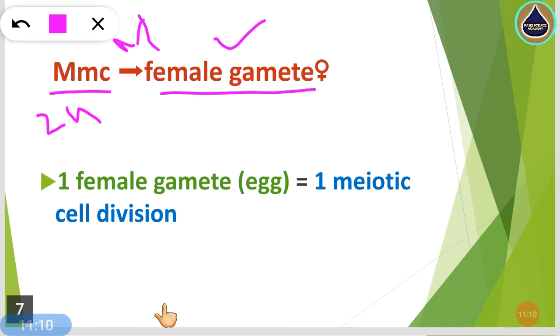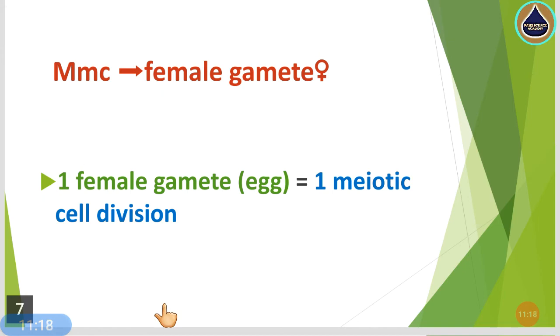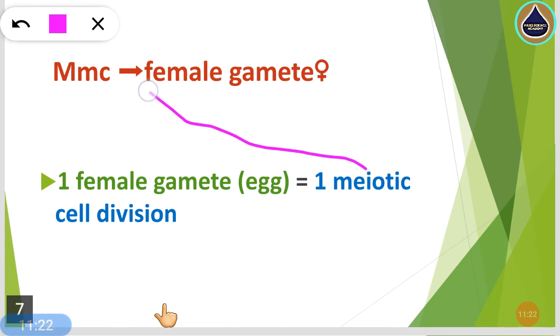But the formula is very simple. One female gamete, which is also called egg, is formed by one meiotic cell division. It means by one meiotic cell division, this megaspore mother cell converts into one female gamete.